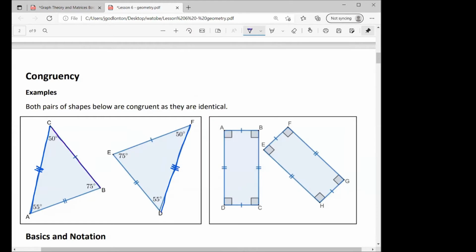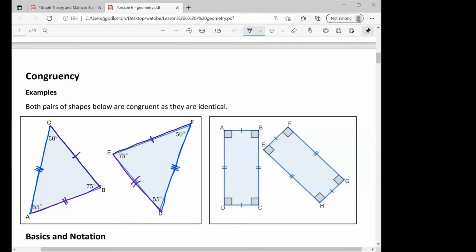This line here has just got 1 line, and that's exactly the same as EF, which just has got 1 line. This bottom line, AB, has got 2 lines, which is telling us it's the same as ED with 2 lines.